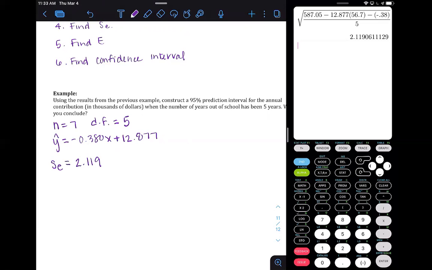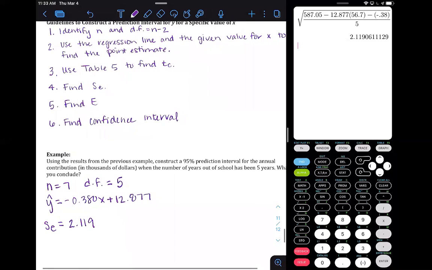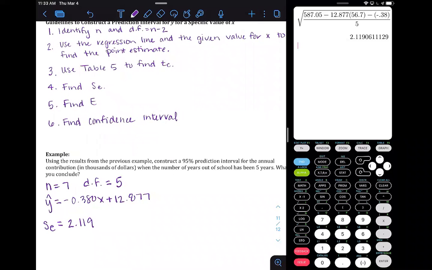All right, so we just did step 1. So step 2, use the regression line for the given value of x. We're wanting to create a 95% prediction interval for the annual contribution in thousands of dollars when the number of years at a school has been 5. 5 is our x sub 0.